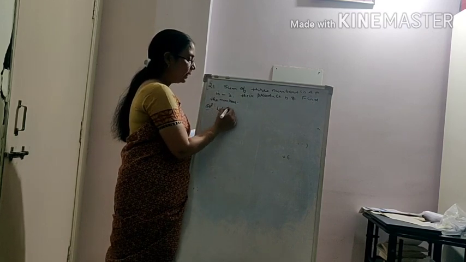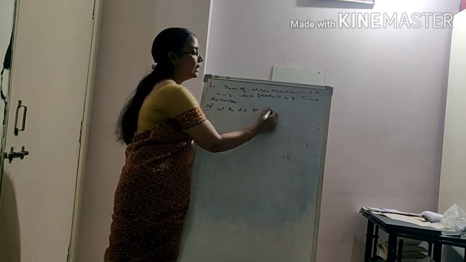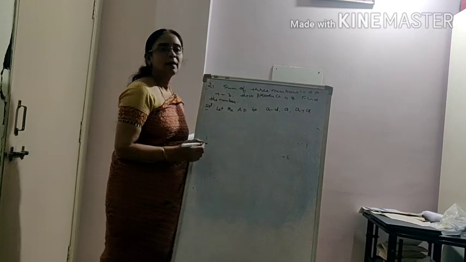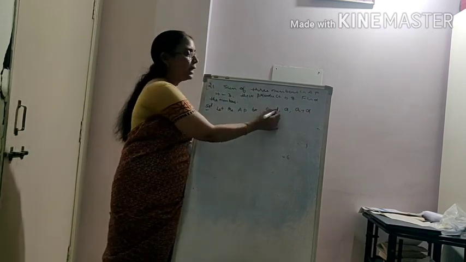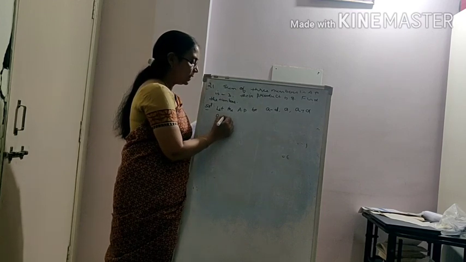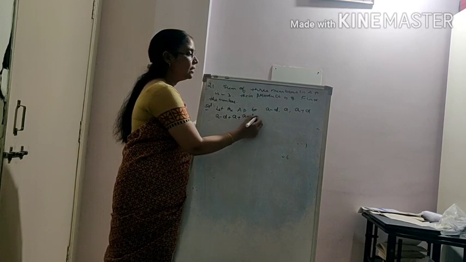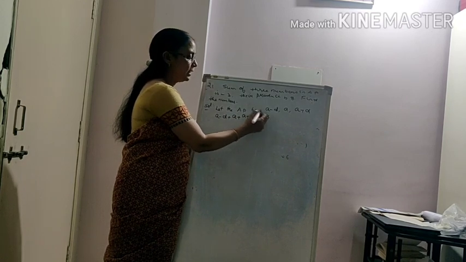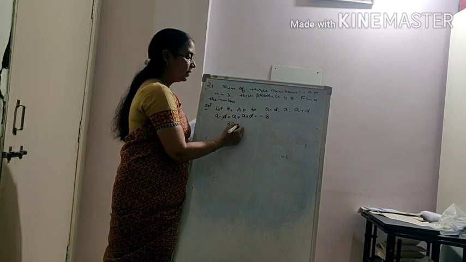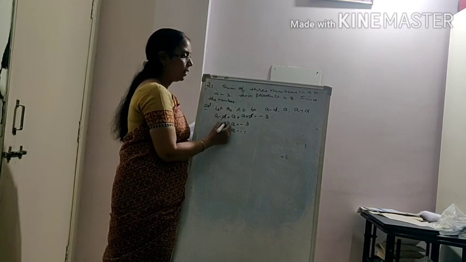Let us assume the AP is A minus D, A, A plus D. Now the sum of these numbers, A minus D plus A plus A plus D, is equal to minus 3. 3A is minus 3, so A is minus 1.